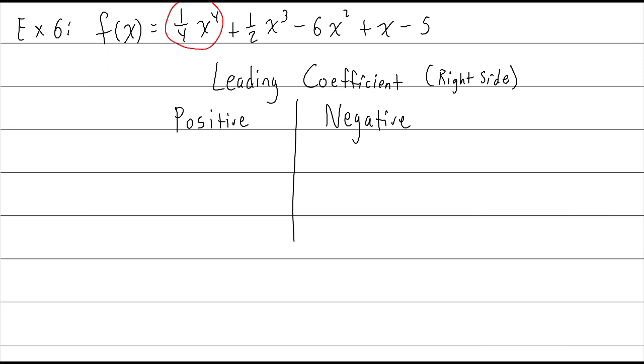If the leading coefficient is positive, the graph will go up to the right side. I'm doing two separate graphs here. If the leading coefficient is negative, maybe I should put this a little bit further down here. There we go. If it's negative, then it's going to go down to the right side.